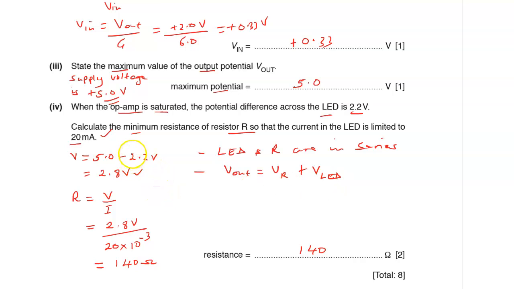That's why, to get the voltage across the resistor R, we take V out, which we are told is 5 volts since it is saturated, minus the voltage across the LED. So V R was V out minus the voltage across the LED. Very good.